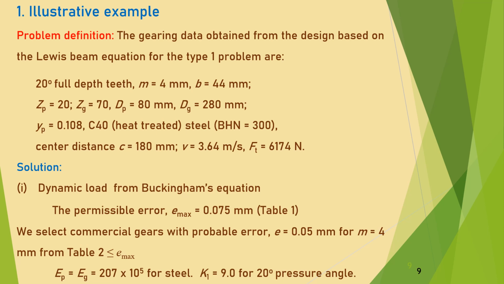We select commercial gears with probable error 0.05 mm for module equal to 4 mm from table 2, which is less than the permissible error. The Young's modulus of elasticity for steel is mentioned. The factor K1 is equal to 9.0 for 20-degree pressure angle.